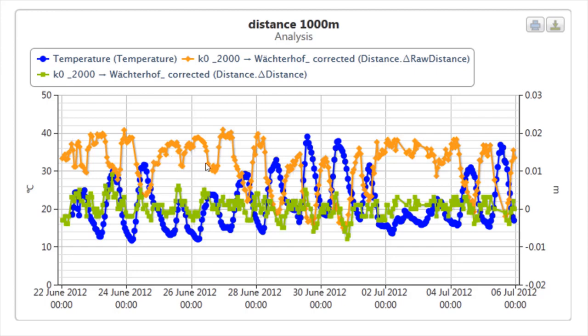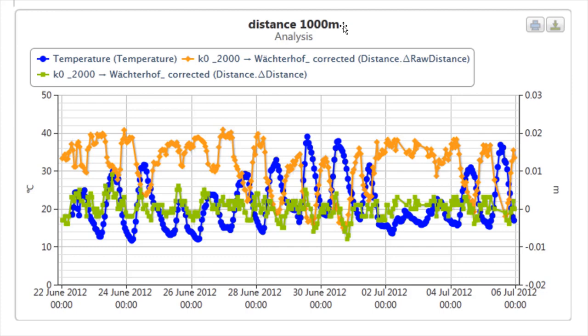The raw distance is also changing a lot over the time, around 2 centimeters. The green line, the corrected distance, is much smoother, and here you can see the good effects of the temperature corrections.